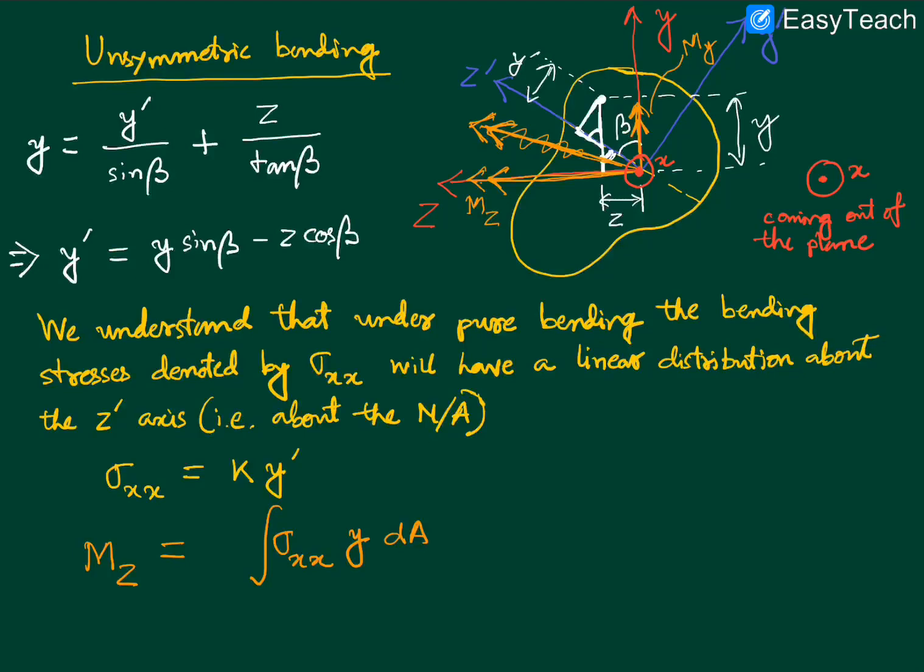So I take my sigma xx pointing out of the cross section, and y is the moment arm. So the y sigma xx here will give me a sense which is opposite to the mz.